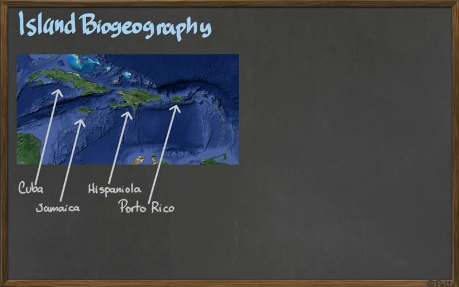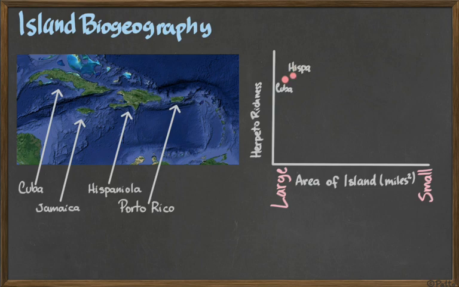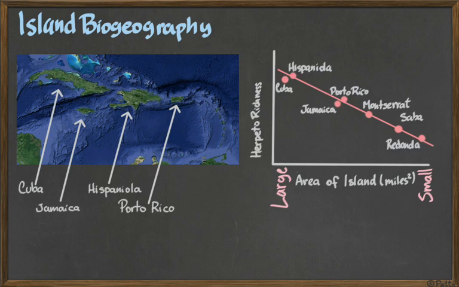So they got islands of different sizes in the Caribbean, and they investigated the herpetofaunal richness, the richness of reptiles and amphibians. They have there on the left large islands, on the right small islands, and the trend that they saw was that the smaller the island, the smaller the richness of species of reptiles and amphibians.